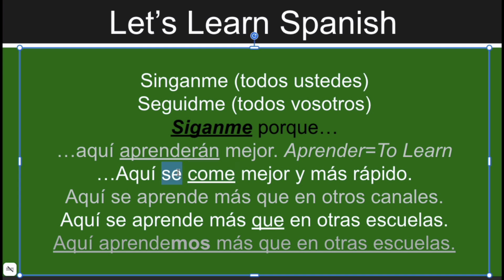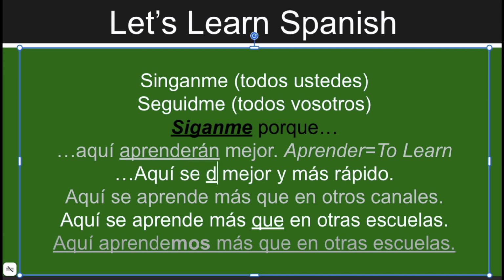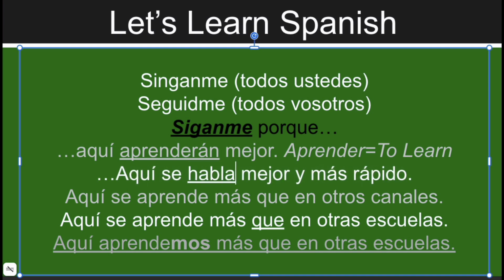In this particular case, in this sentence, we say se come, which is it's eaten. Here it's eaten mejor y más rápido, better and faster, okay? So I'm just giving you these different examples for you to feel what it means, this se come, se dice, se habla, it's spoken. Aquí se habla mejor y más rápido, okay?